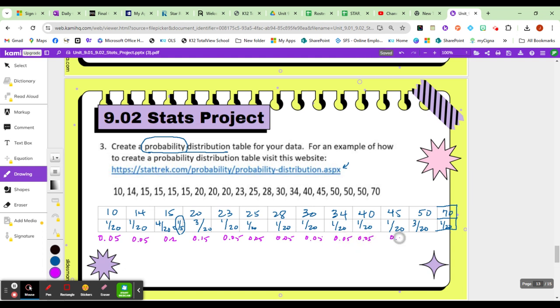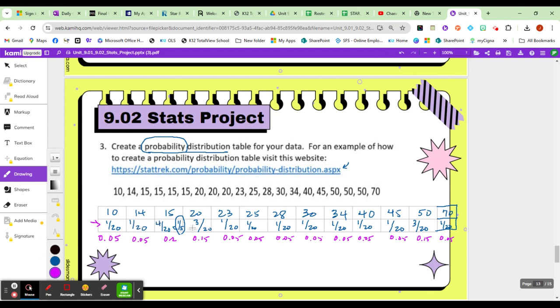I'm going to share one more thing, and then I'm going to move to the next problem. We already did 3. That's 0.15, and 1 is 0.05. You can add up all of your fractions, and they should add up to be 1. So 1 over 20 plus 1 over 20 is 2 20ths.